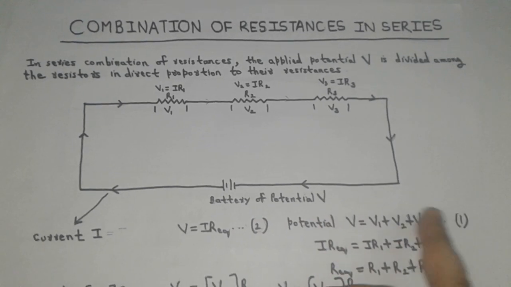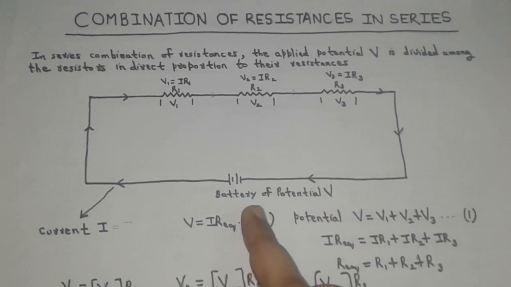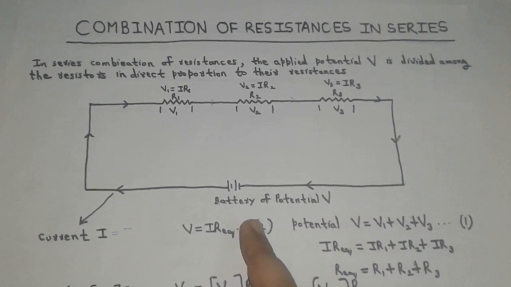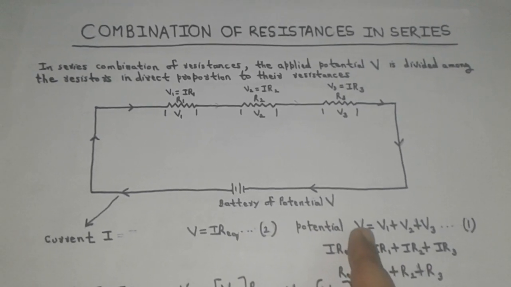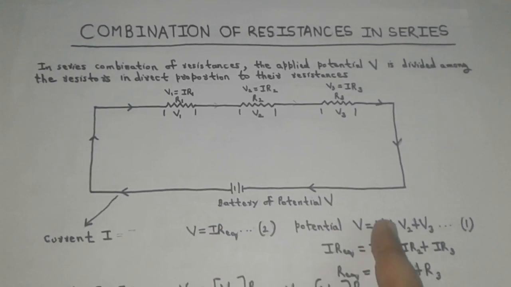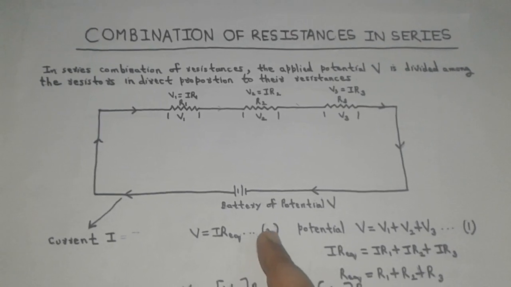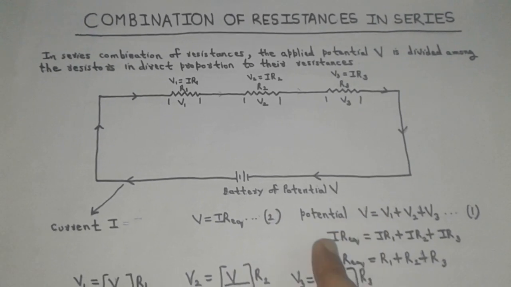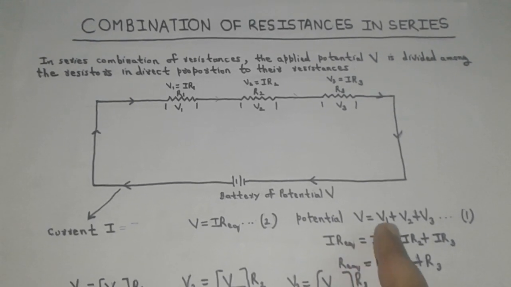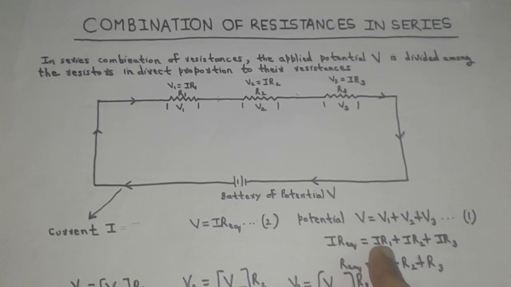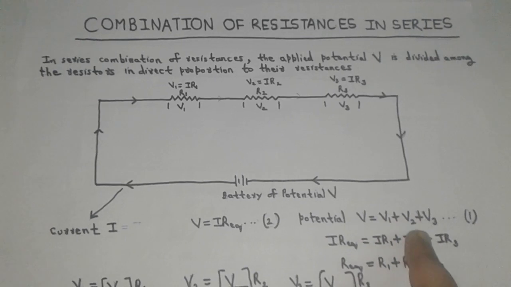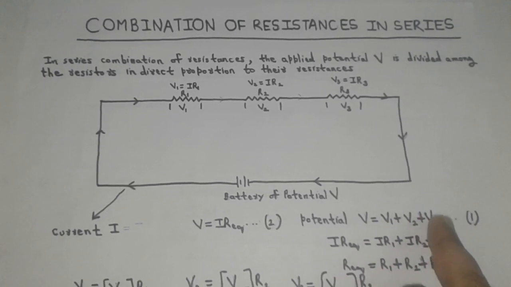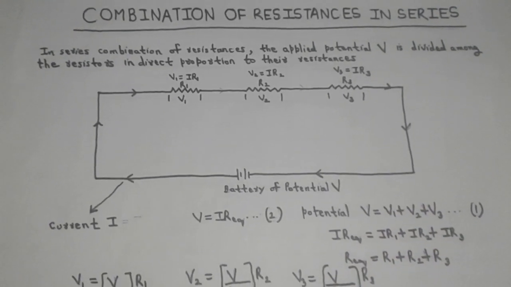Therefore, from equation 1 and 2, in series combination of resistances, we can substitute V as I R equivalent from equation 2 in equation 1. So we get V is equal to I R equivalent is equal to V1 can be written as I R1 plus V2 can be written as I R2 plus V3 can be written as I R3.